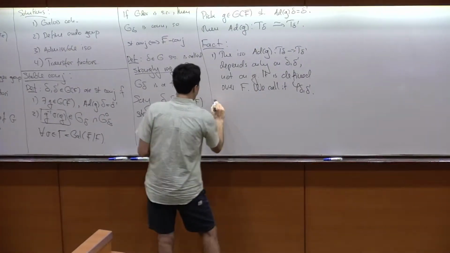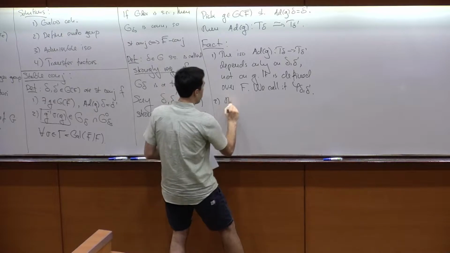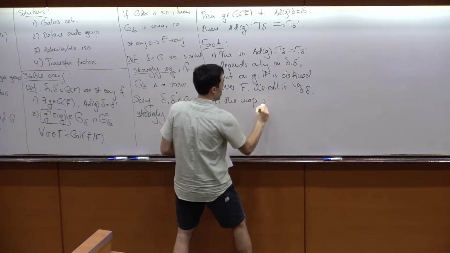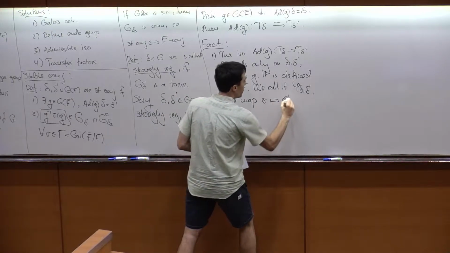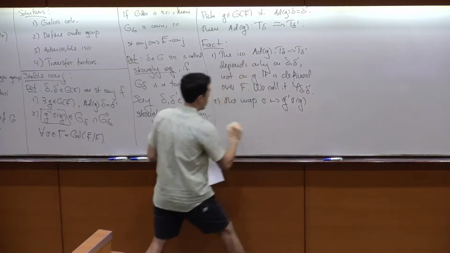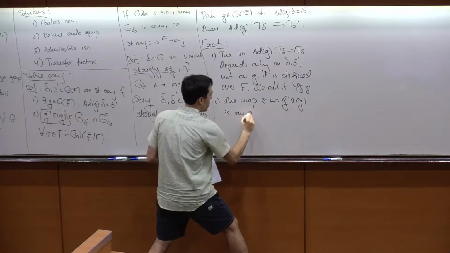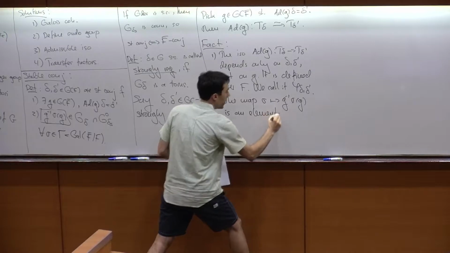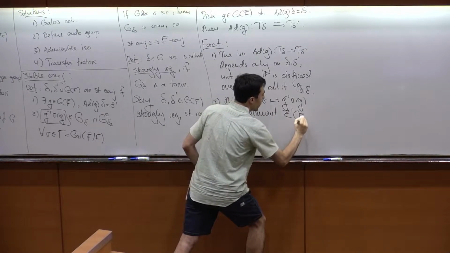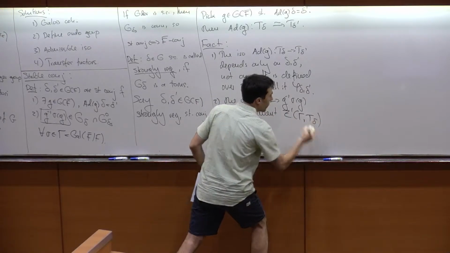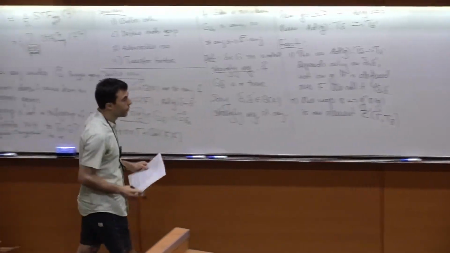Okay. Secondly, the map sigma goes to G inverse sigma G is a one-cocycle for the action of the Galois group on the centralizer of delta.